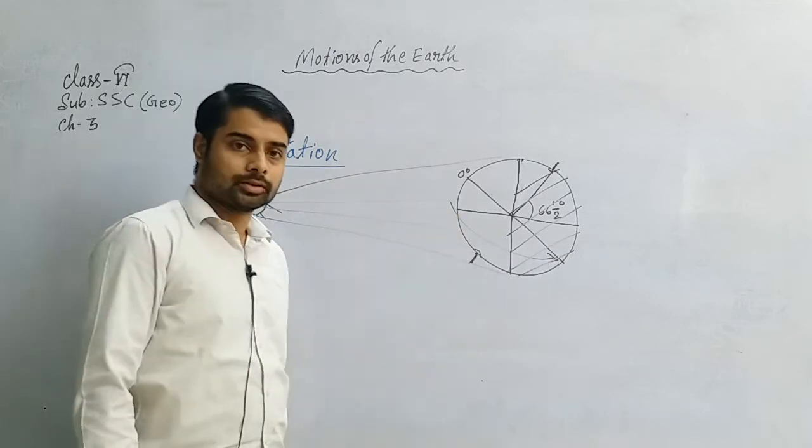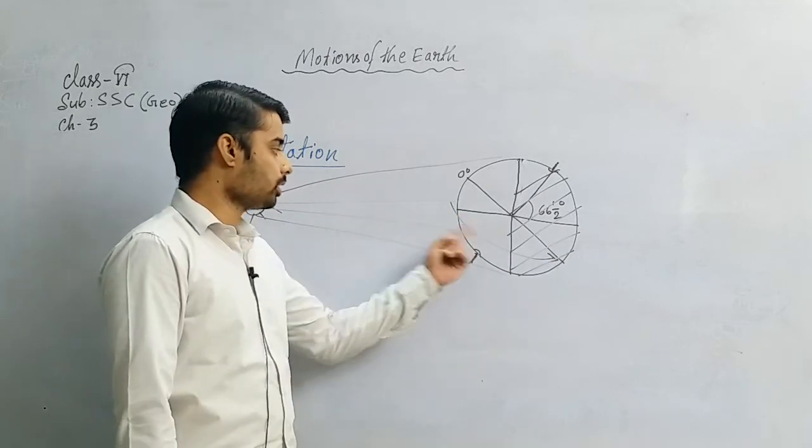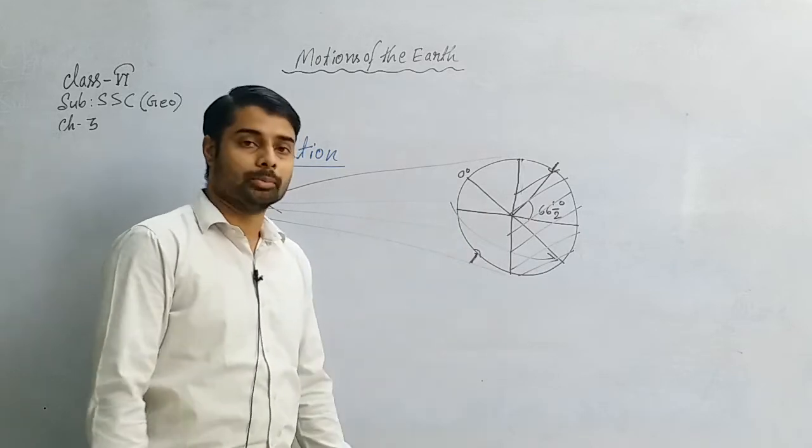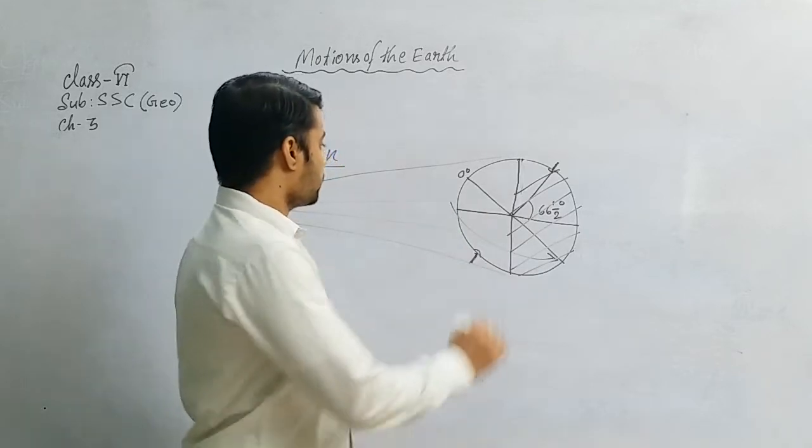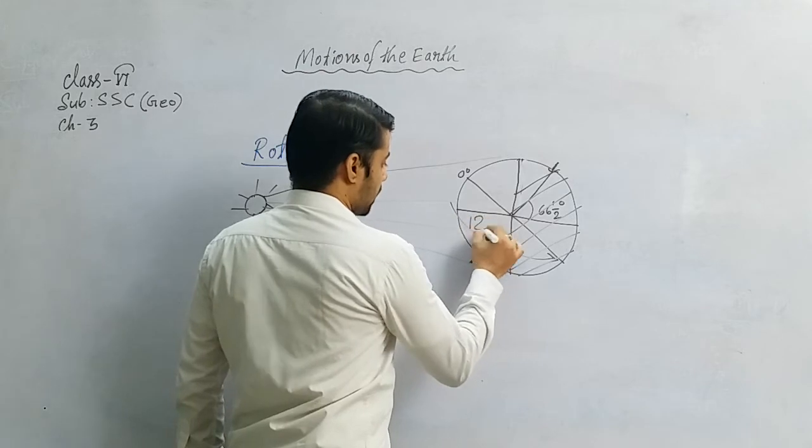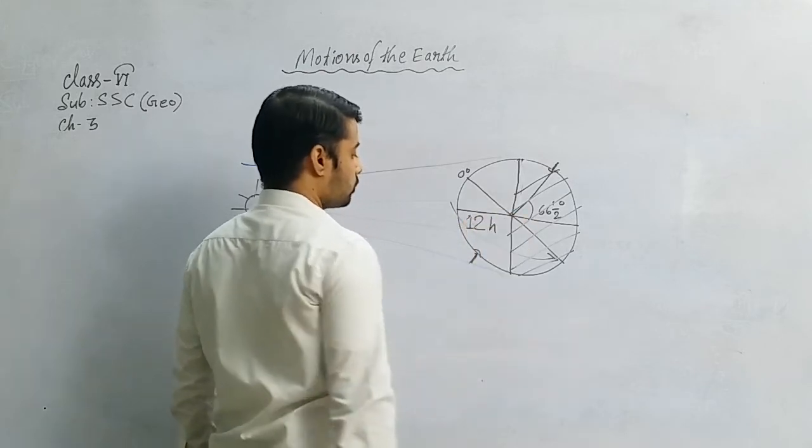The lightened part is here and the rest of the part is completely dark, and it happens for 12 hours.